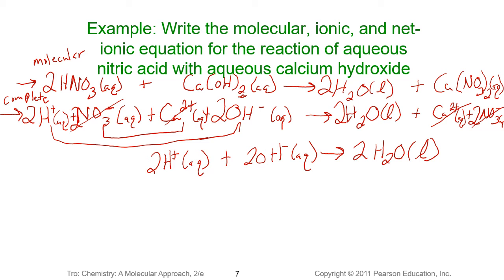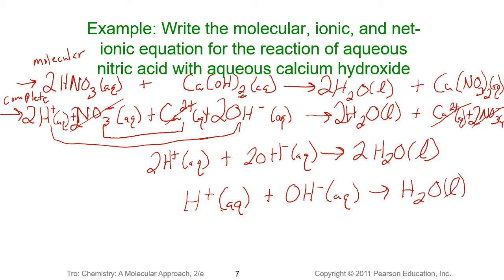However, this can be reduced because we have a coefficient of 2 in front of each compound, so we're just going to reduce it. And we get H plus OH minus gives us water, which for acid-base reactions, this is what we would expect.